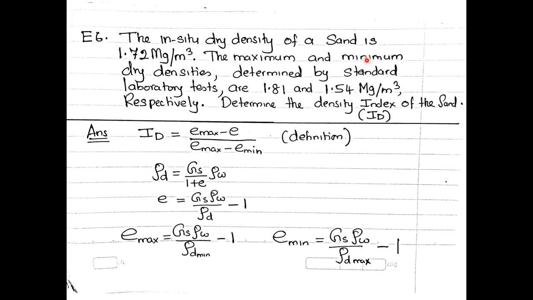The maximum and minimum dry densities determined by standard laboratory tests are maximum 1.81 megagram per meter cube, and minimum, in loose state, 1.54 megagram per meter cube respectively. Determine the density index of the sand, ID.